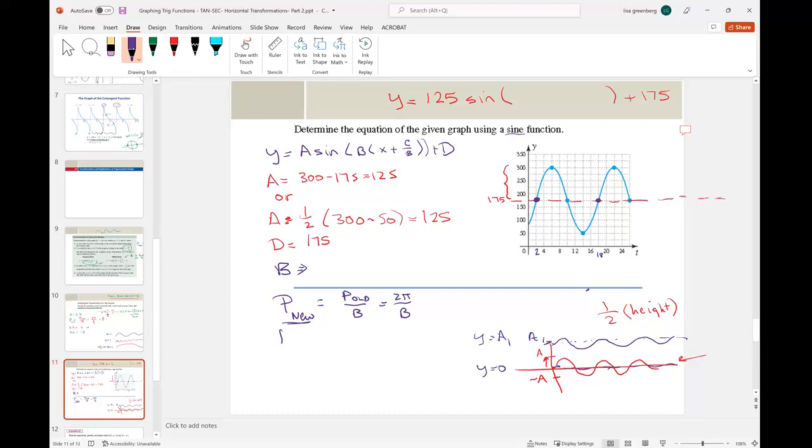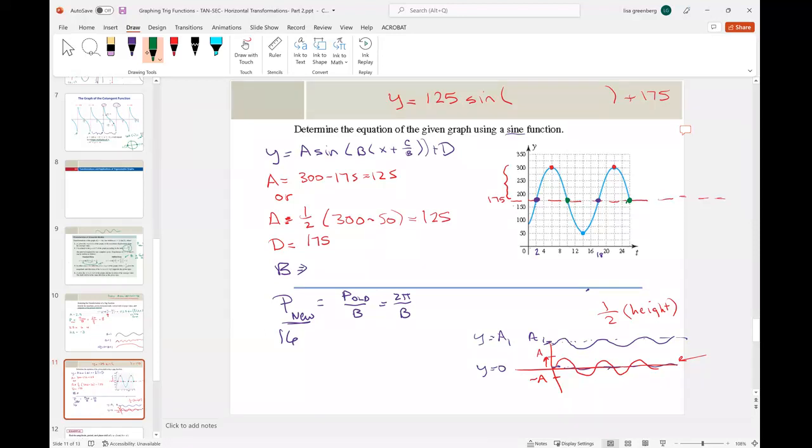You can pick those two points, or you could pick these two points. Those are still one period, and that's 22 minus 6, which is still 16. Or you could pick this point and this point. That's still the same period. We're just finding any two points that go through one full cycle and subtracting them, and we're always going to get the same value, 16.